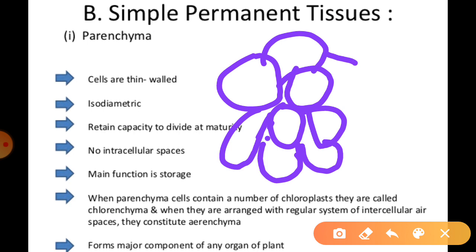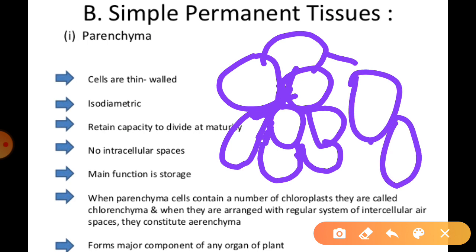And if you can see the intercellular space between them, there is very little, or you can say no intercellular space is found over there, so you can understand easily. Intercellular space means the space between two cells.